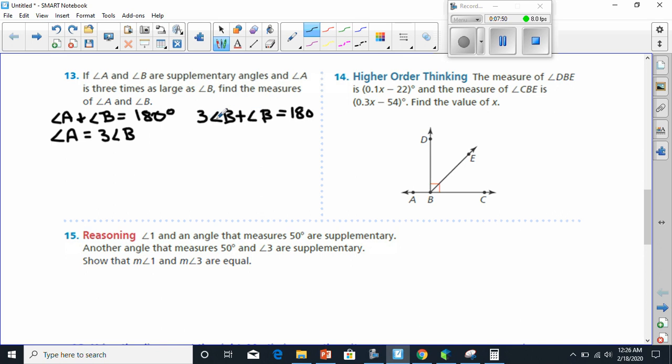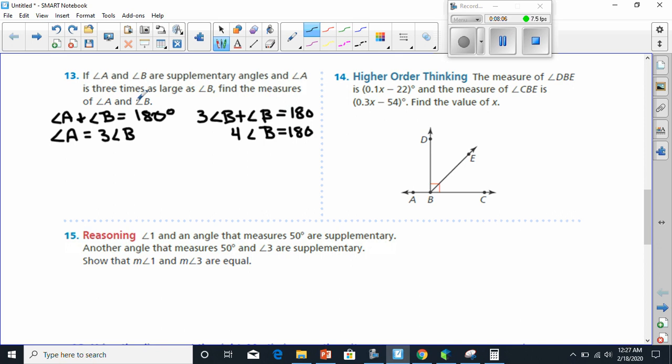This should help us because that means 4 angle B's, 3 plus 1 equals 4 angle B's, equal 180. Let's see how this can help us in the future.